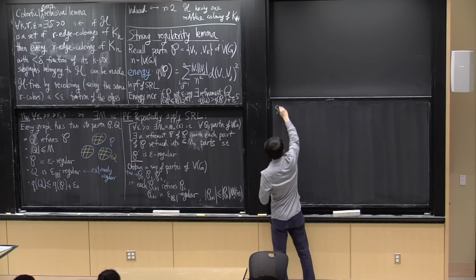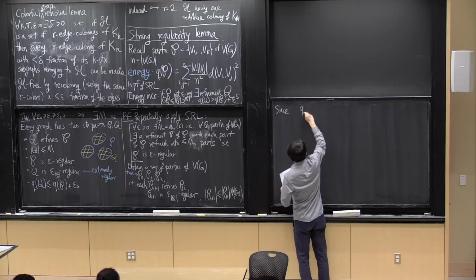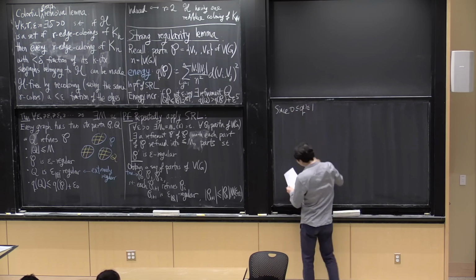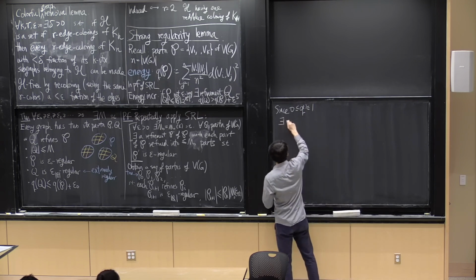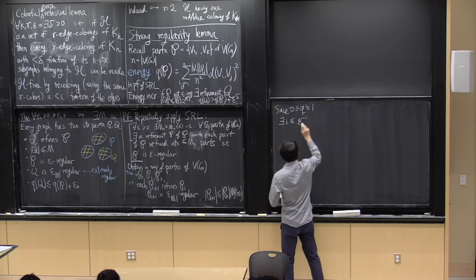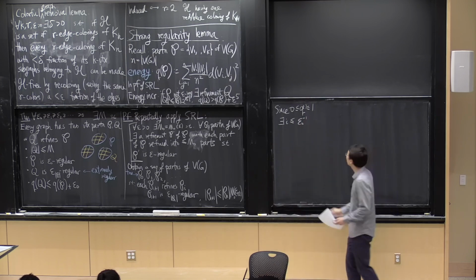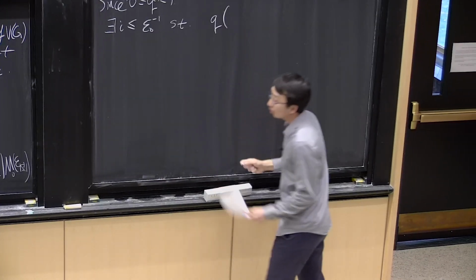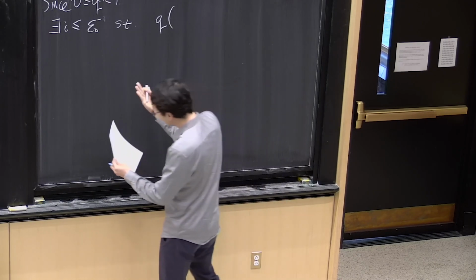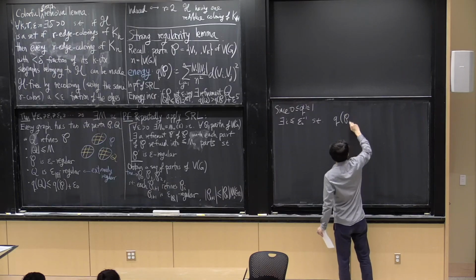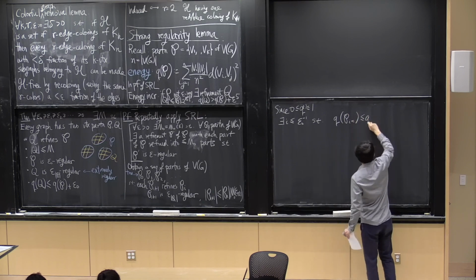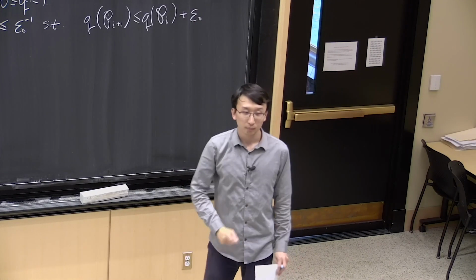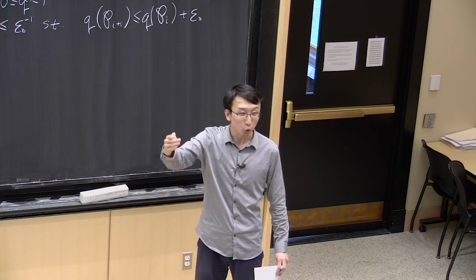Since the energy is bounded between 0 and 1, there exists some I at most 1 over epsilon naught such that the energy goes up by less than epsilon naught. Because otherwise your energy would exceed 1.